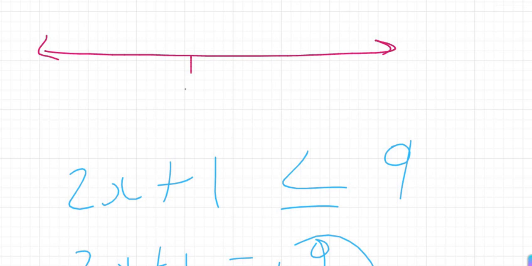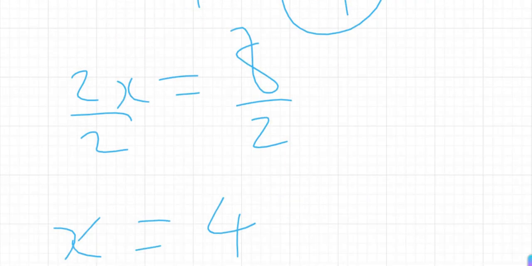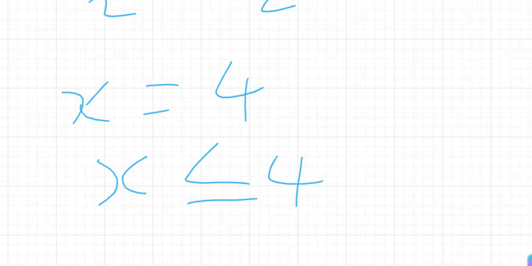So look what is happening now. We have 0, 4, 5, and we could have some negatives right here, -1, -2, and it says that x is less than or equal to 4.